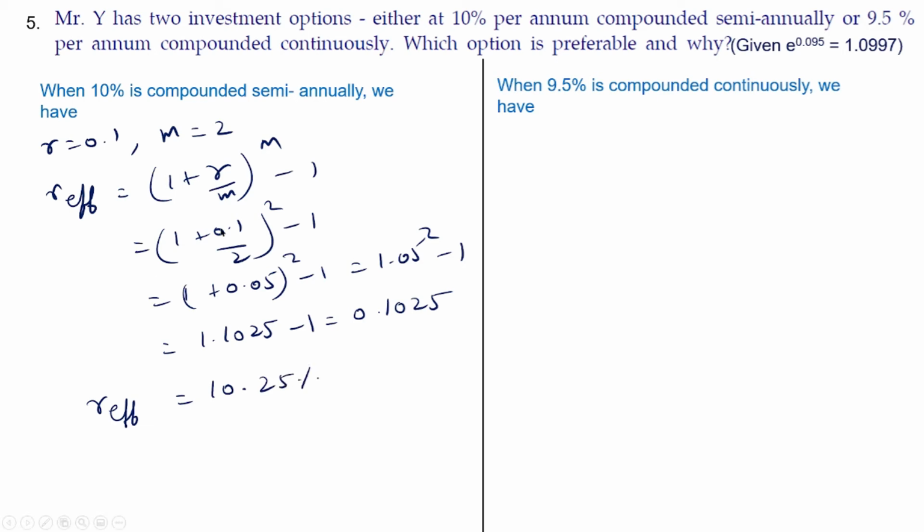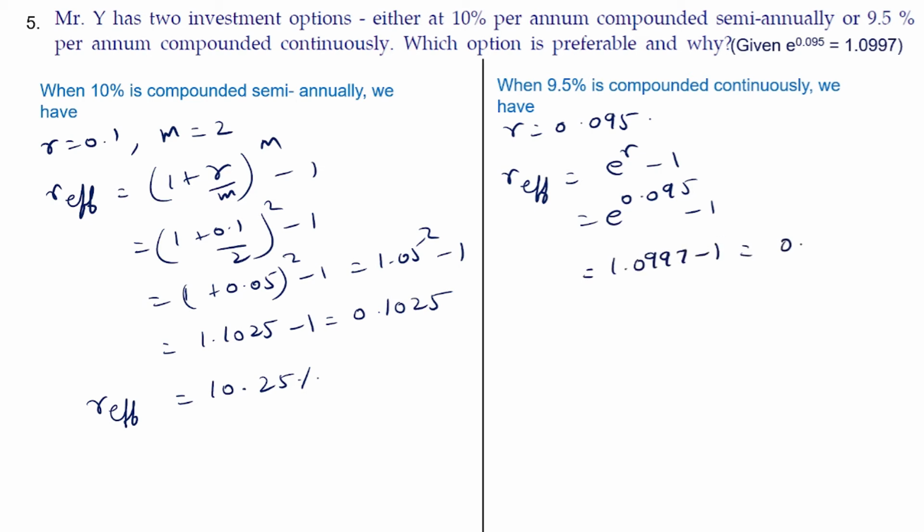So for this investment option, we get the effective rate of interest as 10.25%. When 9.5% is compounded continuously, we have R as 0.095. In this case, R effective will be e raised to R minus 1, or it is e raised to 0.095 minus 1. The value of e raised to 0.095 is given in the question itself. So it is 1.0997 minus 1, which is 0.0997.